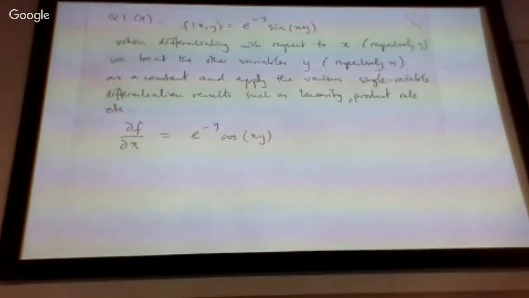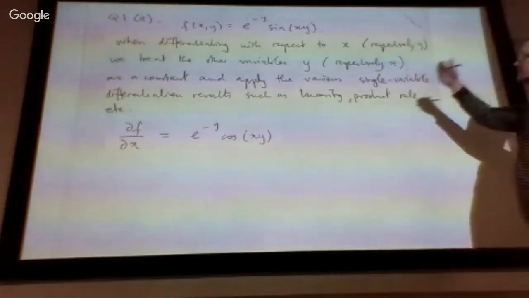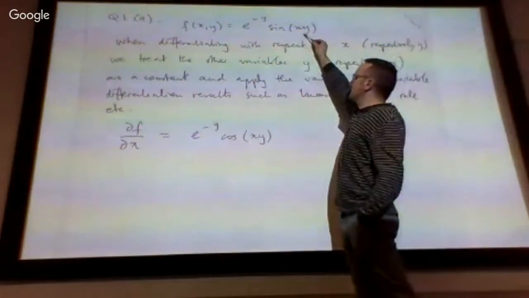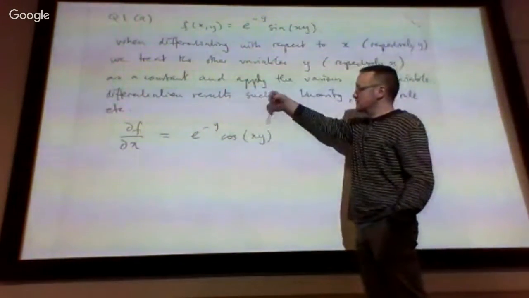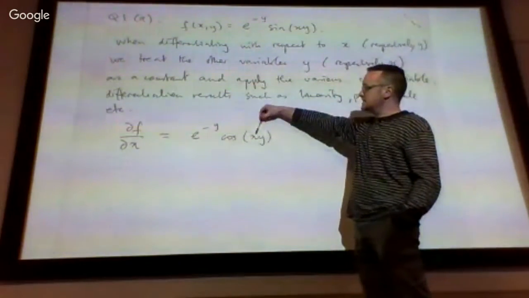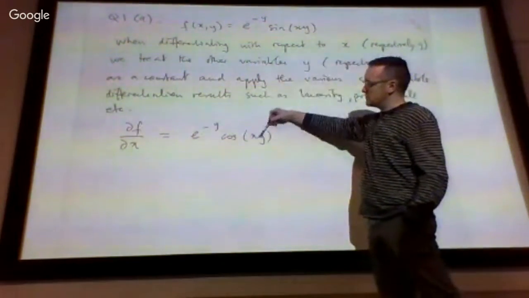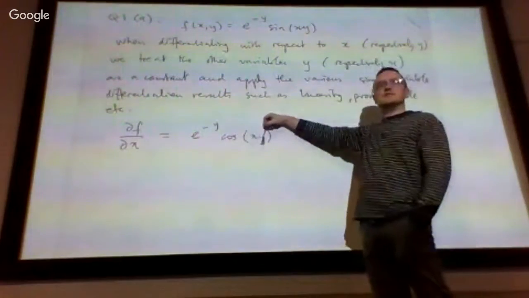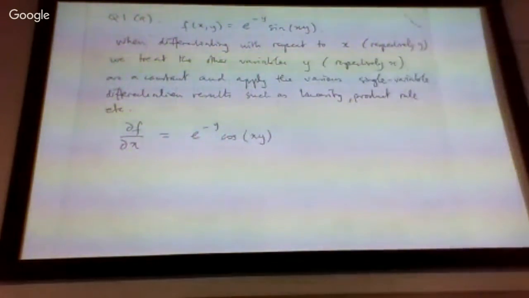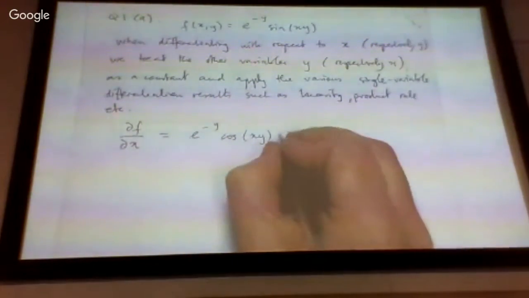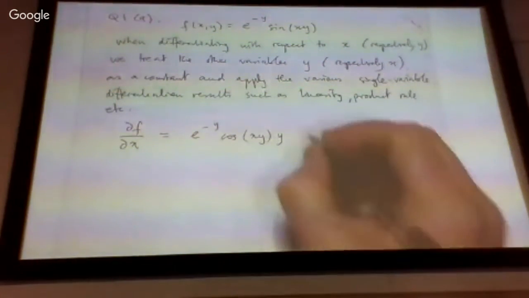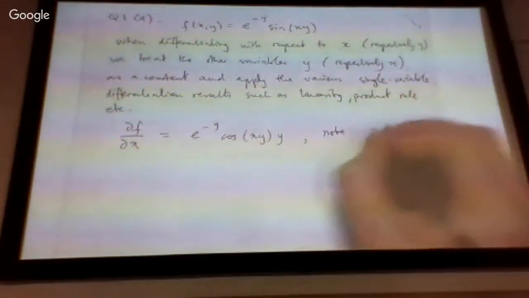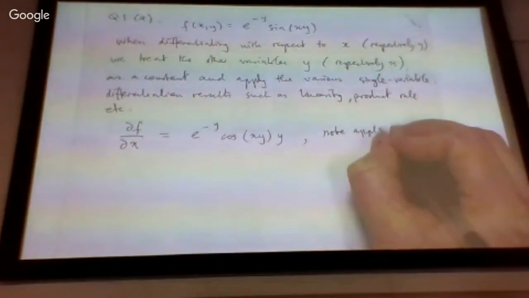And then think, is there anything needed from the chain rule? Yes, there is, because it's not sine of just x. If it was just x, it would be cosine of just x, but it's a non-trivial function of x: this constant y times x. So applying the chain rule, we then need to multiply by the derivative of the inner argument, which is just that constant y. And just indicate a note: application of chain rule.